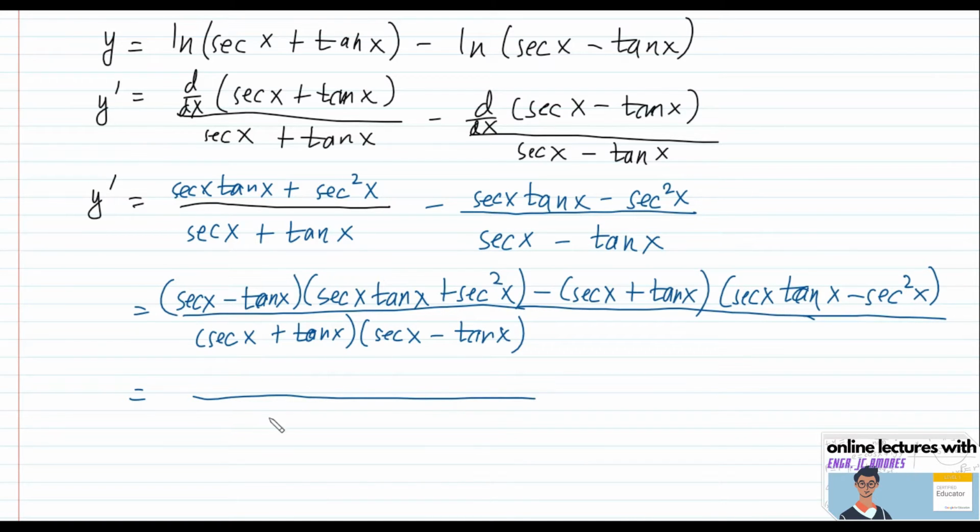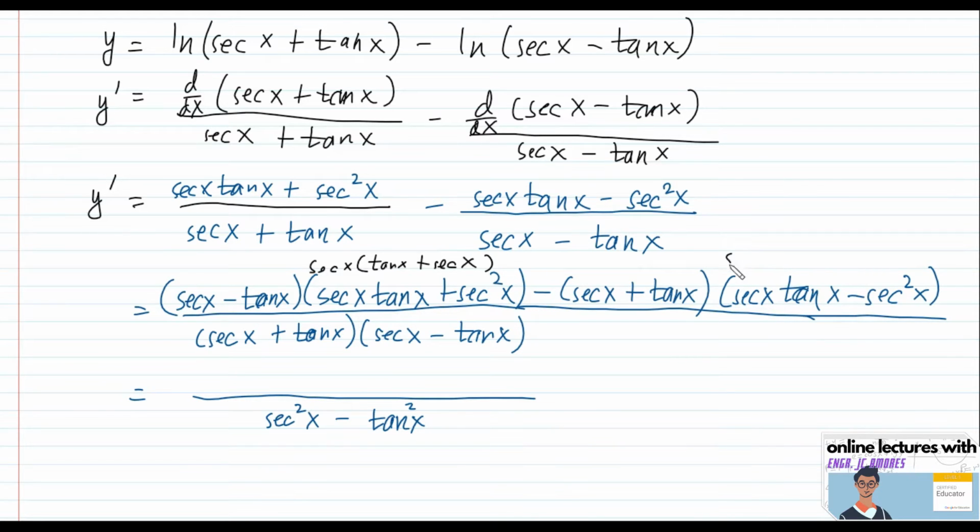Secant x plus tangent x times secant x minus tangent x is simply secant square x minus tangent square x. And if you notice here, we can factor out secant x, and this will be tangent x plus secant x.